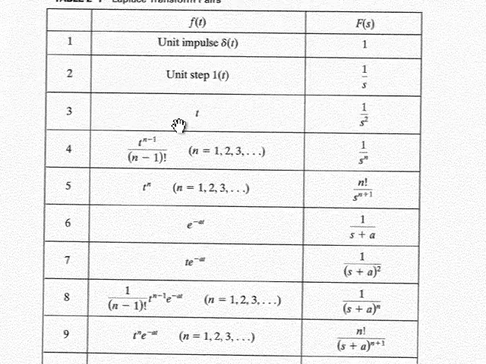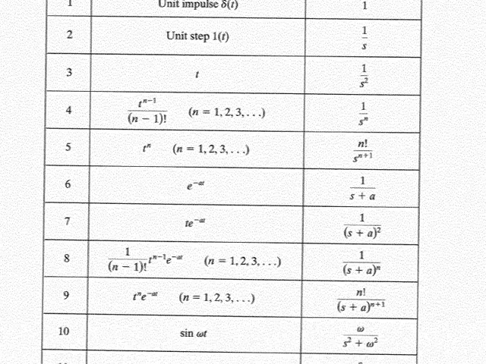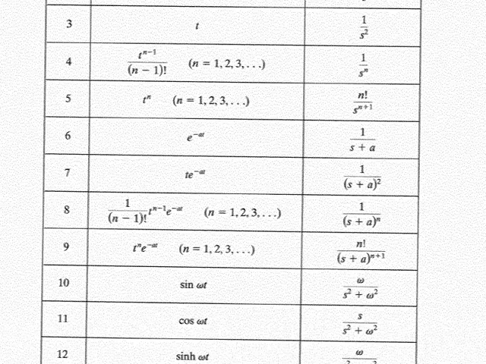We're going to look down the rows of this table until we find a function that matches the kind of function we're trying to take the Laplace transform of. Here we have sine omega t. In our Laplace transform table, any variable that is not t is a constant, and we can match that constant to the Laplace transform on the other side of the table. Sine omega t matches both of our functions where we have a constant plugged in for omega.